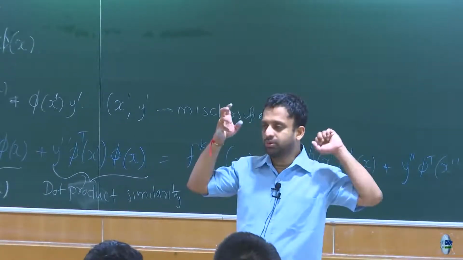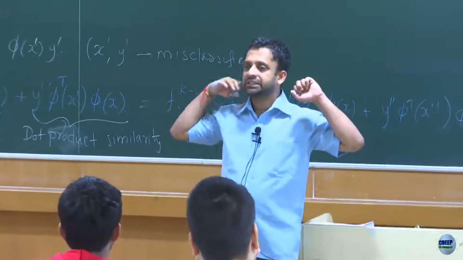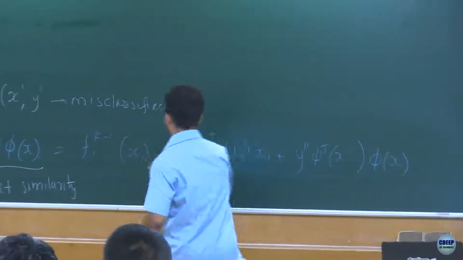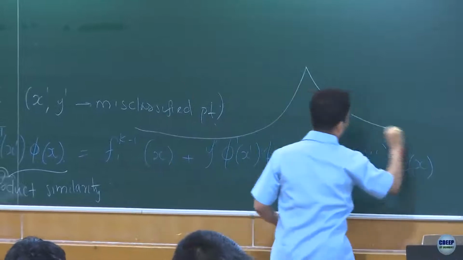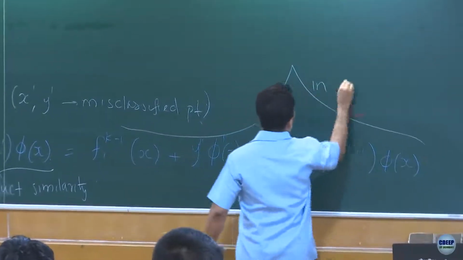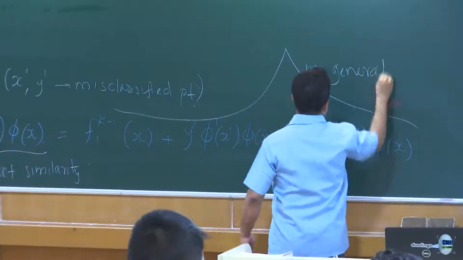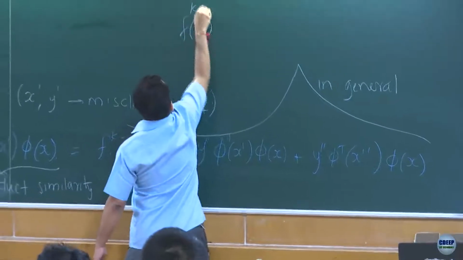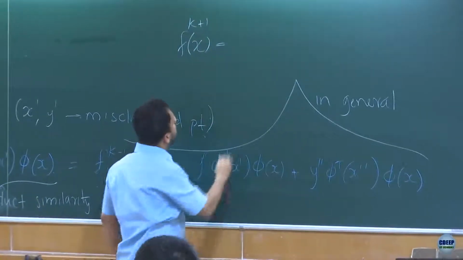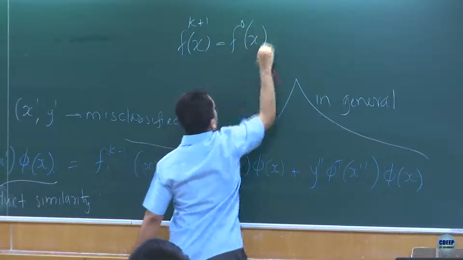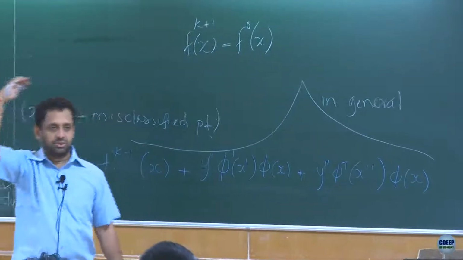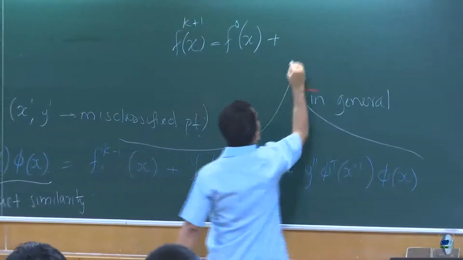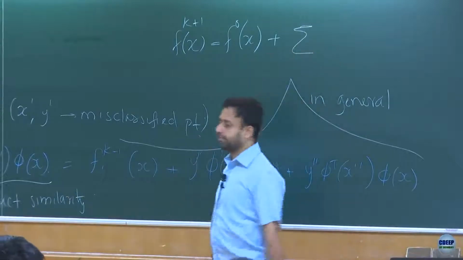Let's say we start with some w. Okay, it's a good point. So let's just try and abstract this. What does this look like? So f_0(x) will be based on whatever initialization I had of w, plus a summation.